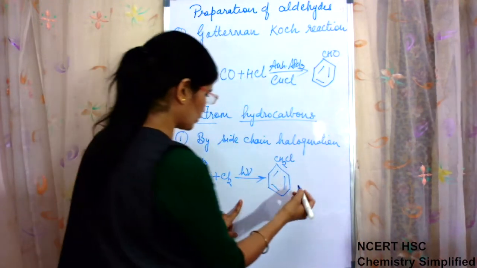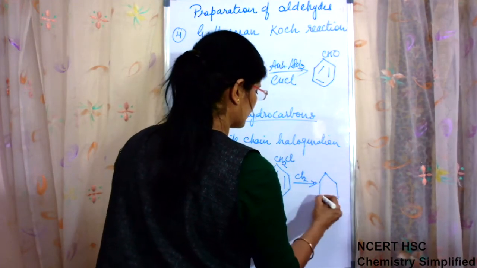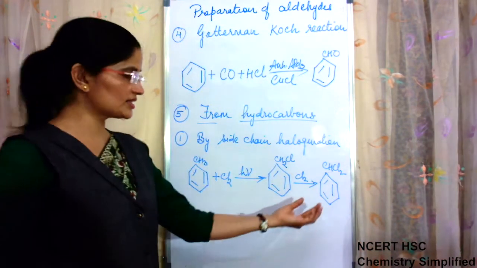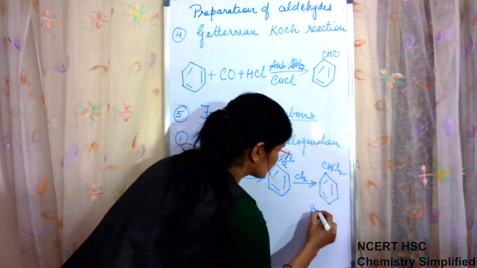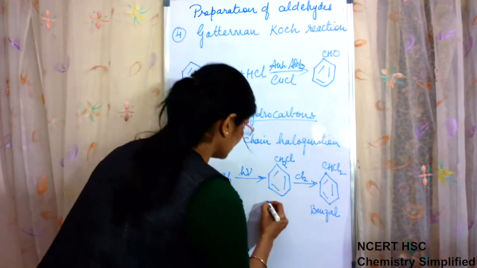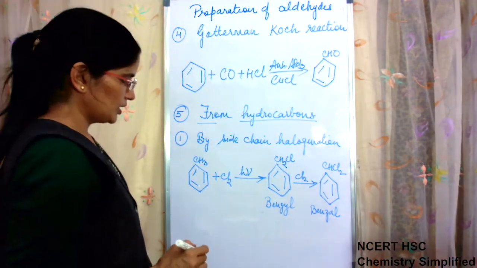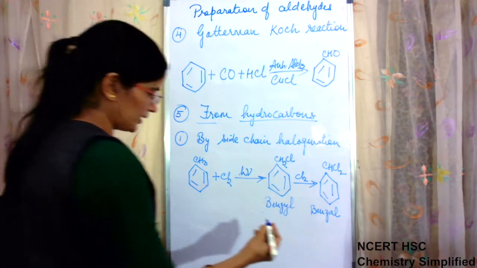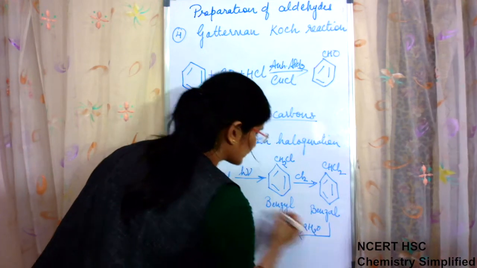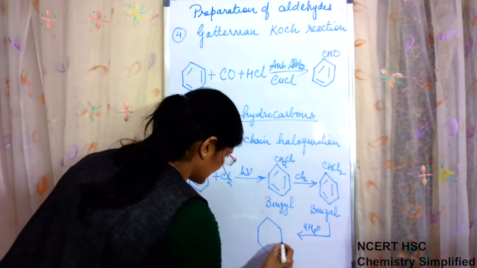This is benzyl chloride, which on further reaction with halogen is converted into CHCl2, benzal chloride, which on hydrolysis is converted into an unstable intermediate.